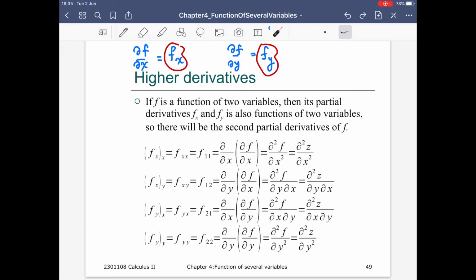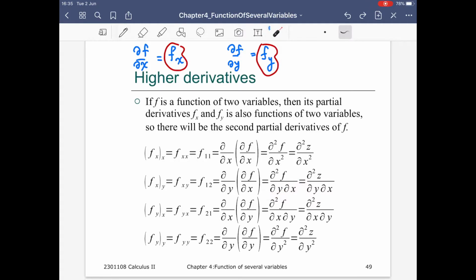This means you find a derivative with respect to x first and then continue by y, so this is d2f by dy dx, where the order of derivative starts from this one to the front.